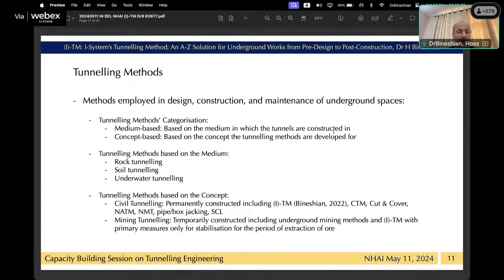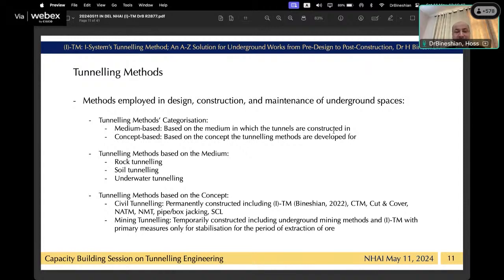Concept-based is based on the concept that tunneling methods are developed for. Tunneling methods based on the medium are categorized into 3 simple categories: rock tunneling, soil tunneling, and underwater tunneling. But based on the concept, they are categorized into 2 very important and determinative classes: civil tunneling and mining tunneling.